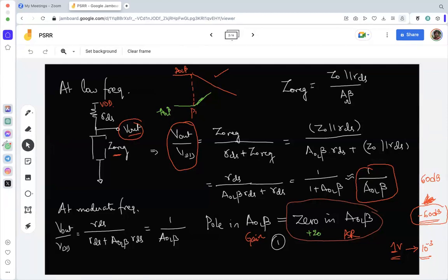Meaning you had very good power supply rejection in DC till pole P1, which now becomes a 0 in the PSR plot. Till P1, the rejection was very good.